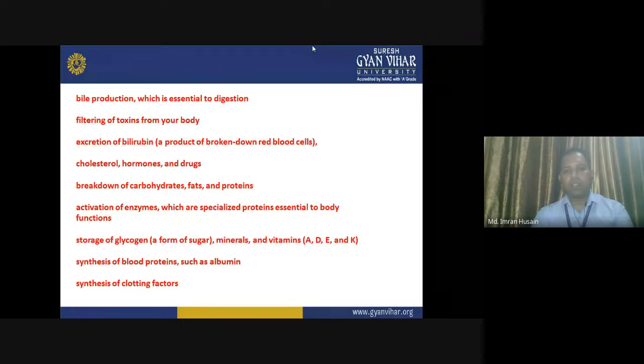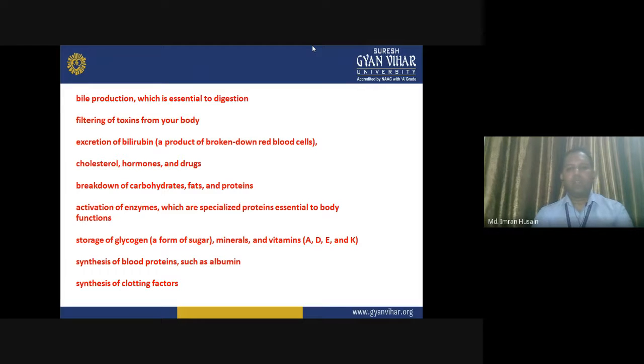Bile products are essential for the digestion of fats. Cholesterol, hormones, and drugs are all filtered there. Carbohydrates, fats, and proteins are broken down and stored in the form of glycogen inside the liver, serving as an emergency source of energy.